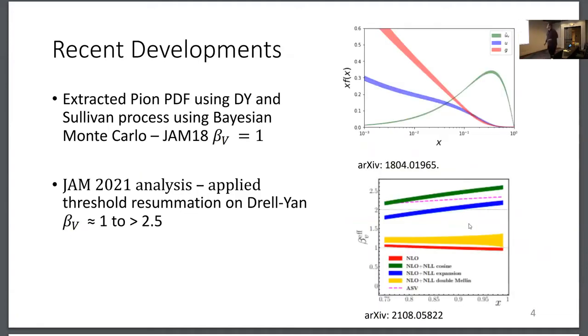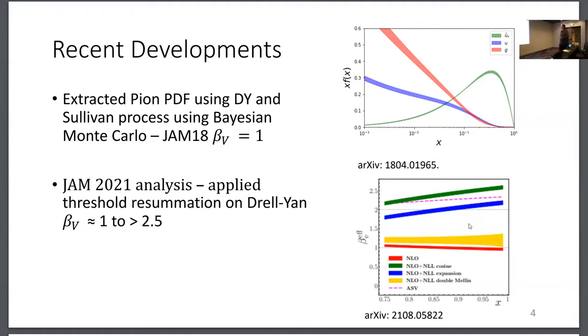Okay, so a recent development from JAM 18, which is the Jefferson Lab Angular Momentum collaboration. They extracted the pion PDF through Drell-Yan and the Sullivan process, where in the Sullivan process there's a virtual pion exchange. Using a Bayesian Monte Carlo method, they get a beta V equals 1.